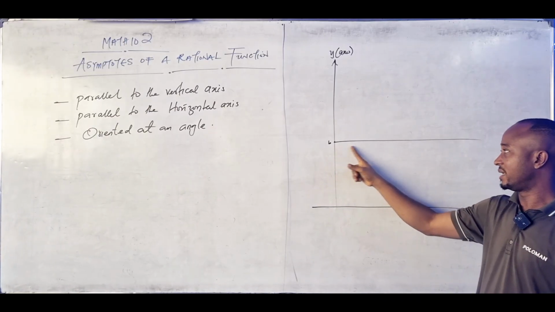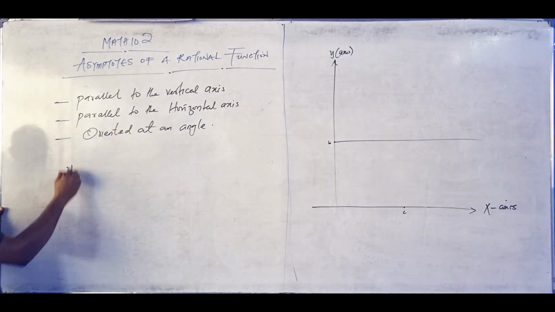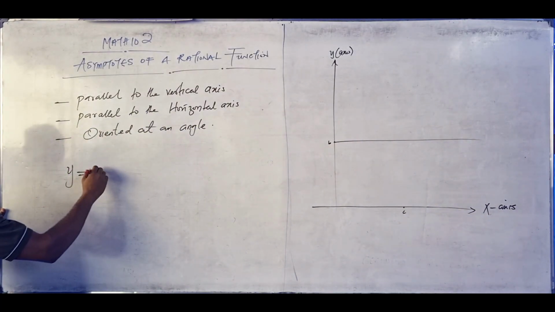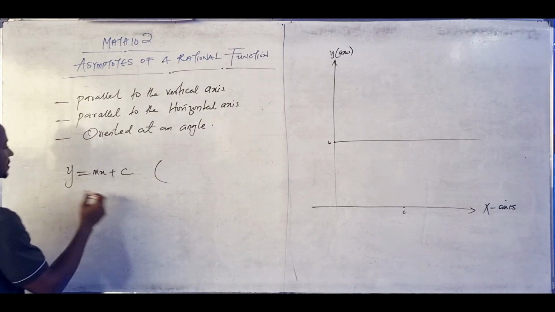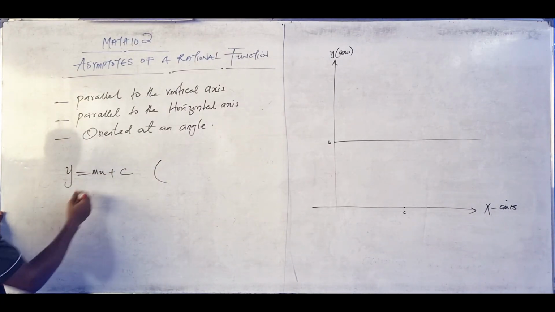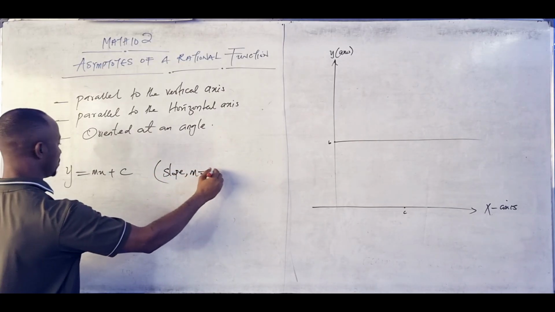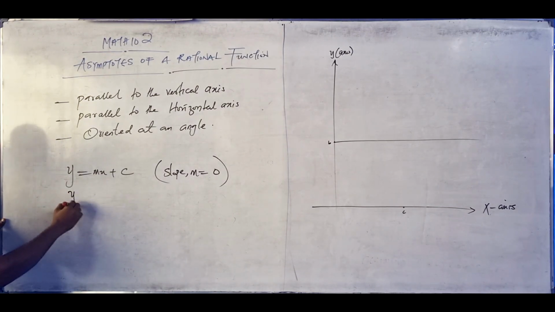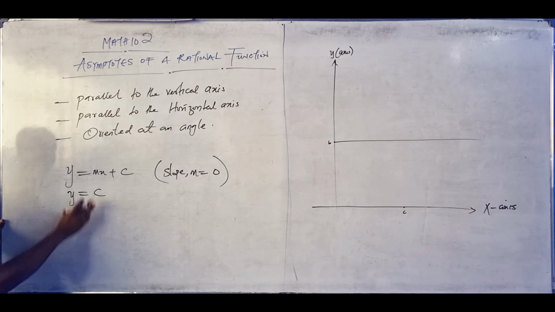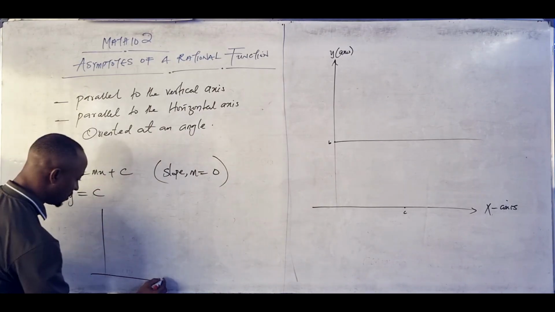If you remember when I taught you how to plot a graph, we say y equals mx plus c. If the slope m is equal to 0, meaning the graph has no slope, the function is y equals c, because 0 times x is 0. Such a graph will look like this.